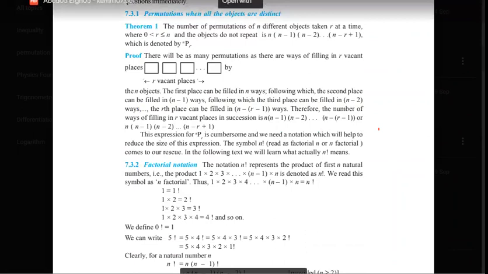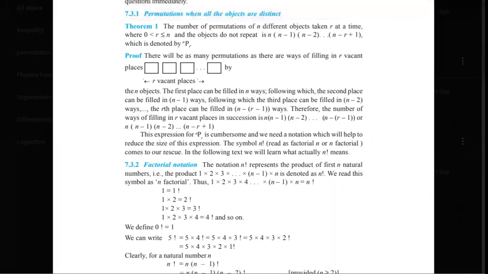The formula was nPr is equal to factorial n divided by factorial n minus r, or you can use this symbol also. Now we studied about factorial, what is factorial and all those things. So we had exercise 7.2 of factorial.